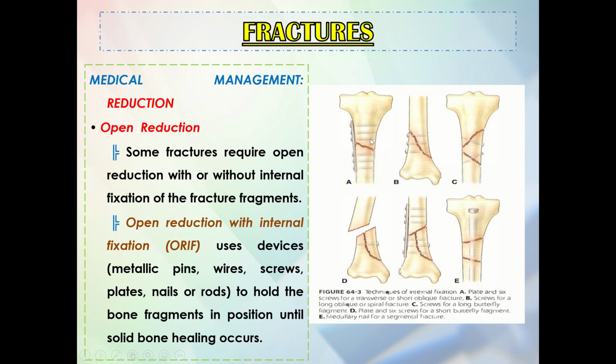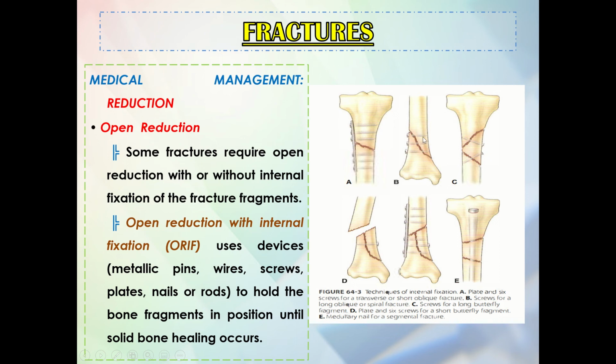Pagka internal fixation, naka-embed siya inside the body part or kasama siya sa bone ni pasyente. So open reduction with internal fixation, meaning i-open surgery si pasyente and then mag-iiwan tayo ng either metallic pins, wires, screws, plates, nails, or rods para ma-promote yung healing in that bone.